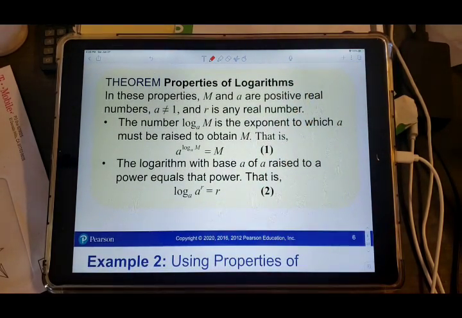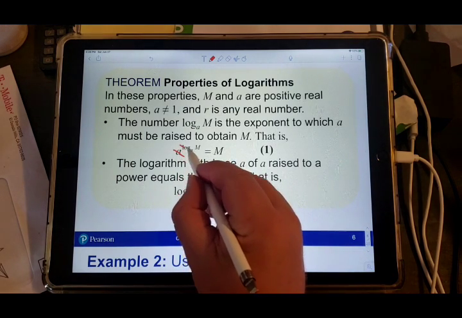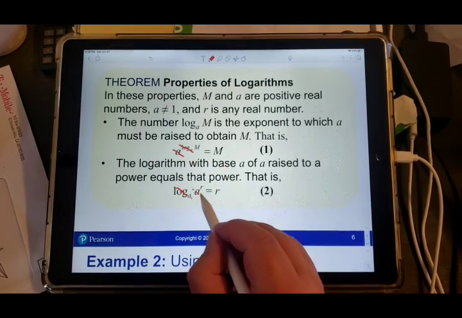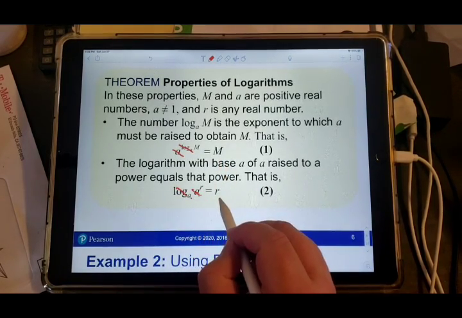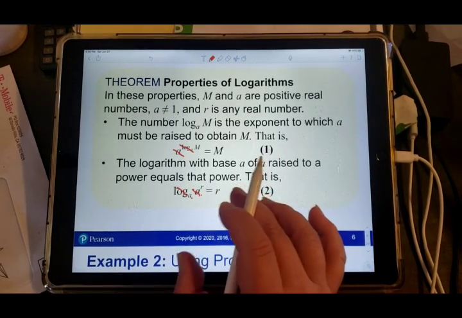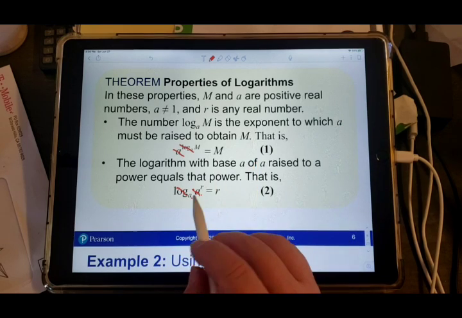More properties of logarithms. I like to think of these as canceling. So exponents and logarithms cancel, so that cancels and just gives you m. This cancels, and it just gives you r. Now, books don't seem to like to use the word cancel, so they might describe this some other way.